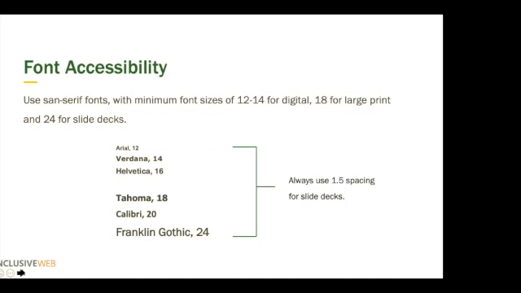If you're printing any of the documents, it's best to have a small print and large print, and the large print is at 18 points. For slide decks, what we have shown here is fonts at 24 points or higher. The spacing that we are using for this slide deck is 1.5.